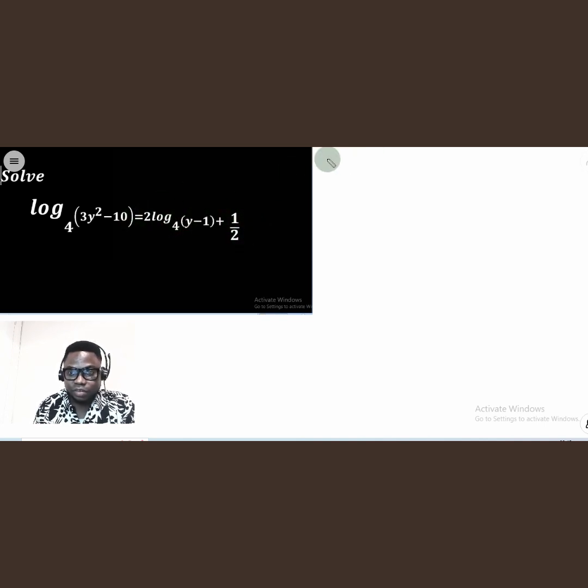Now this is going to be log 4 exponent 3y squared minus 10 is equal to, so applying power law here, I'm going to have log 4 raised to the power of y minus 1 all squared.